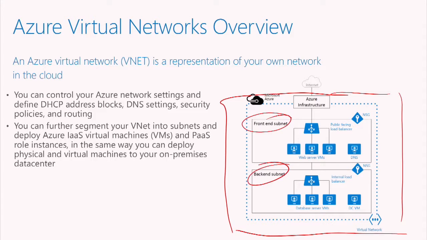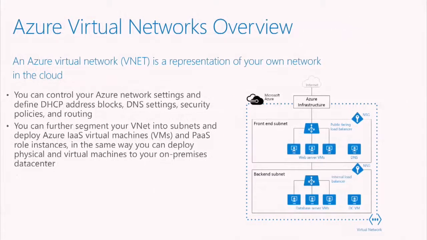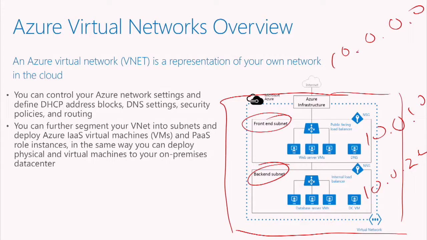So maybe this is a 10.0.0.0 network, and I've got two subnets, 10.0.1.0 and 10.0.2.0. They represent my physical infrastructure, so I have both a front end and a back end.